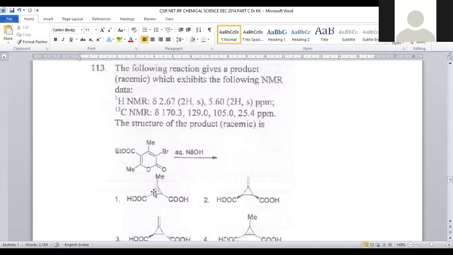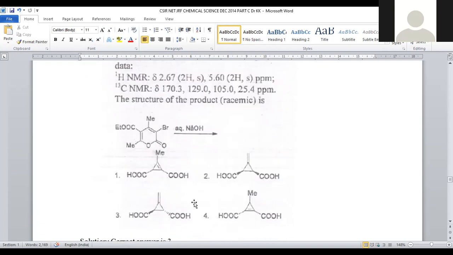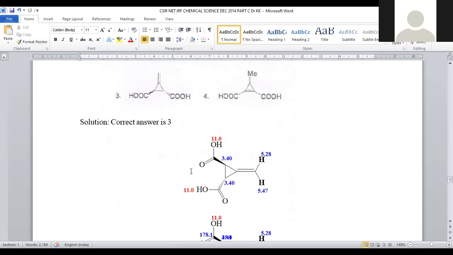Under alkaline conditions ring opening got carried out, the ester correspondingly converted into dicarboxylic acid, right? So the ester converted into dicarboxylic acid, it is very clear. Now what happens? It will participate in the ring cyclization reaction among these, and in turn be converted into a 3-membered ring structure with an exocyclic double bond, and this corresponds to the spectral data which is provided within the problem. That's the reason why for question number 113, option number 3 will be the right answer.